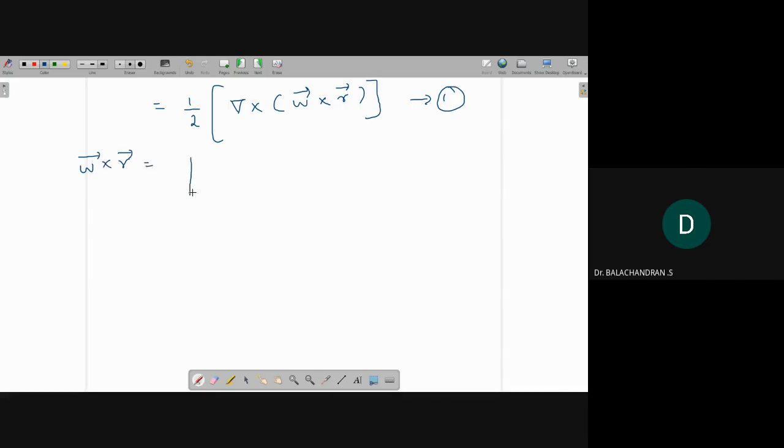So that is equal to the determinant with i vector, j vector, k vector, and then w1, w2, w3, and then x, y, z. Expand this determinant and write the answer.